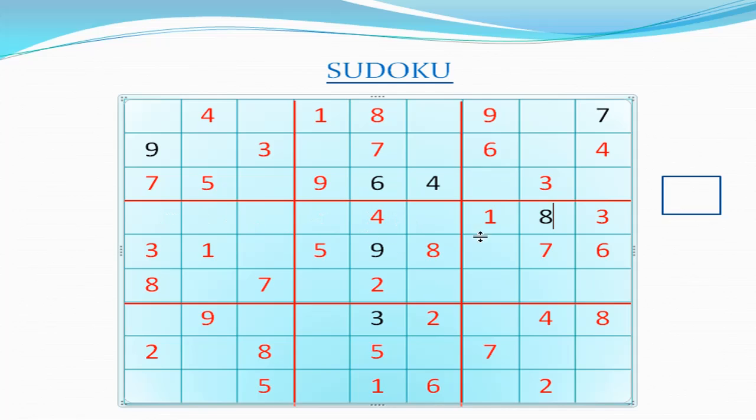Why? Because if I check the row, there is 1. So these 2 tiles are discarded, right? Now I'm left with just 2 tiles. If I see this tile, in the row there is no 1, but in the column there is 1. So I cannot place here either. So I am left with just 1, and hooray, I will write 1 here.